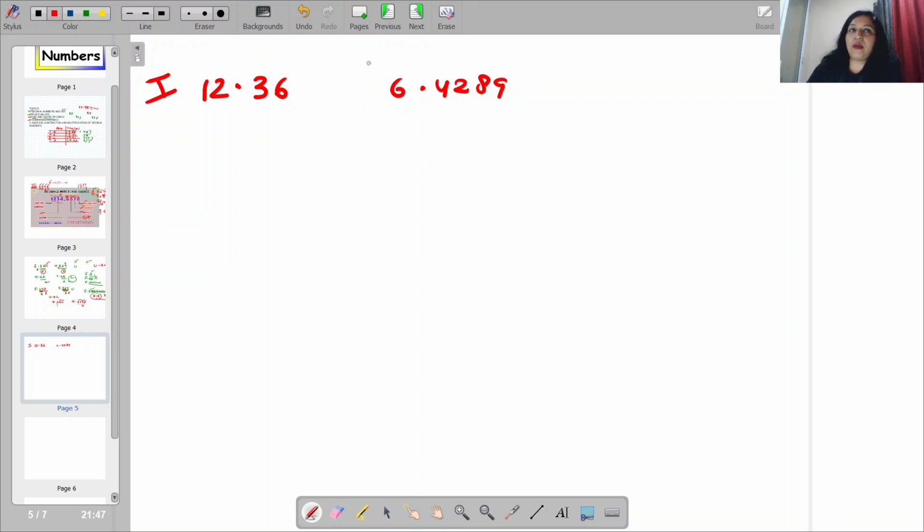Whole number part मैंने आपको बताया था. The part to the left of decimal is known as the whole number part. राइट में हमें नहीं जाना है. राइट में यहाँ पर 2 डिजिट है, 4 डिजिट है, हार्डली मेक्स एनी डिफरेंस. आप सिर्फ होल नंबर पार्ट को कंपेयर करेंगे. Whichever number has the greater whole number part, that is the greater decimal number. So out of these two, out of 6 and 12, 12 is greater, that's the greater number.